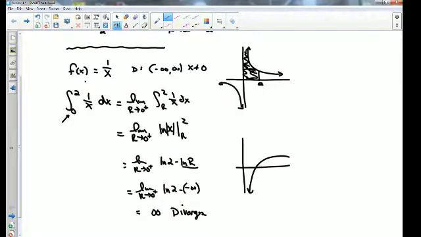Okay. So, question, is 1 over x and natural log of x like opposite graphs? They are not inverses. No, e to the x and natural log x are inverses. So notice that this point is (1, 0). This is (0, 1). See, the x's and y's are switched, right?